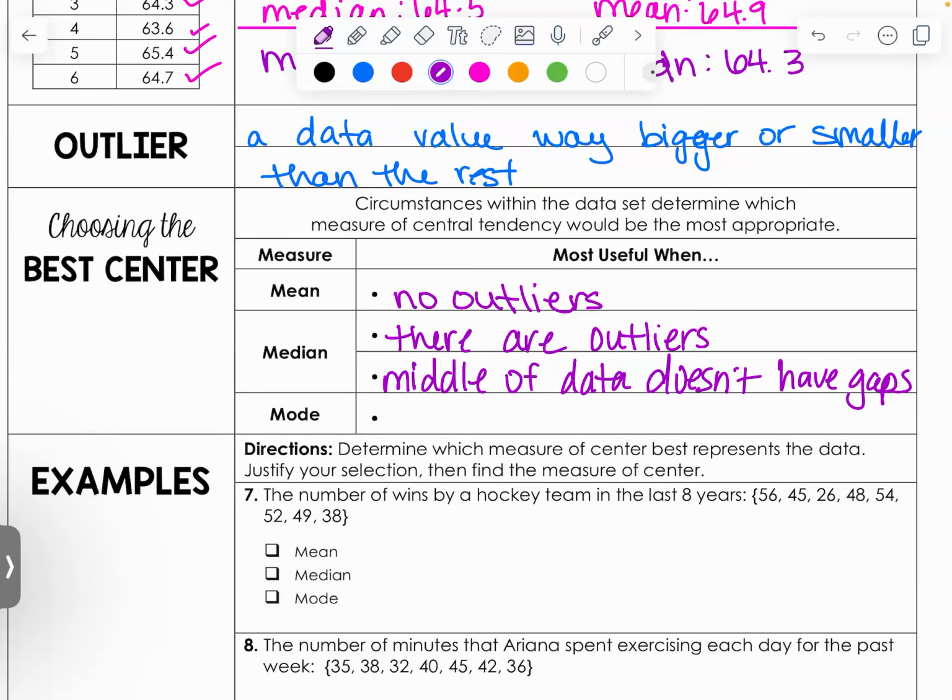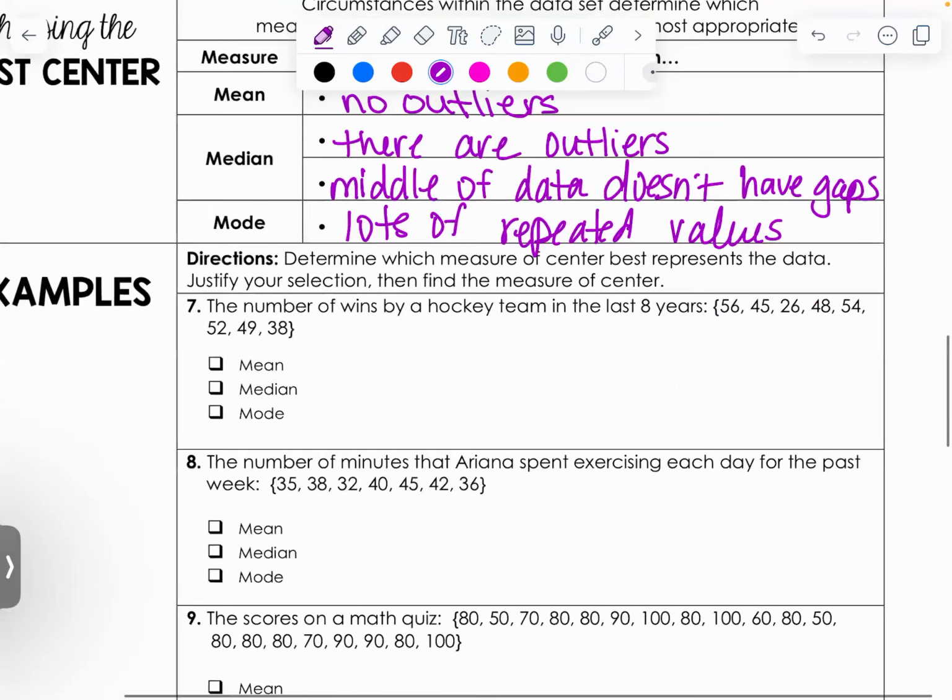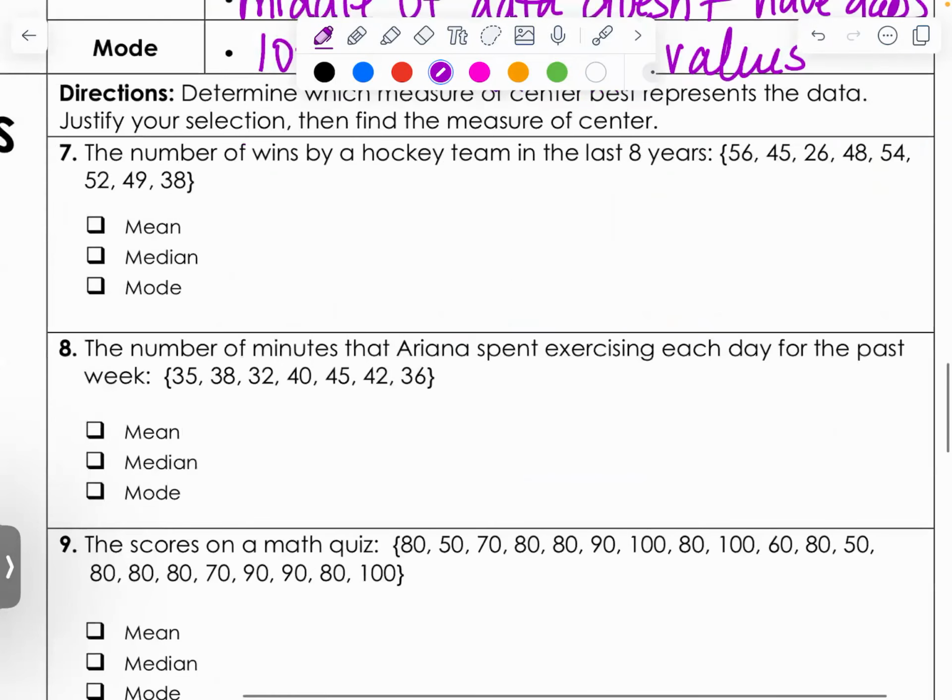I'm just saying. Okay. The mode is going to be the best if there are lots of repeated values. If you have a ton of values repeated, it is not worth your time to calculate the mean. What would you say? Well, let's look at this data right here. Let's look at number 7.